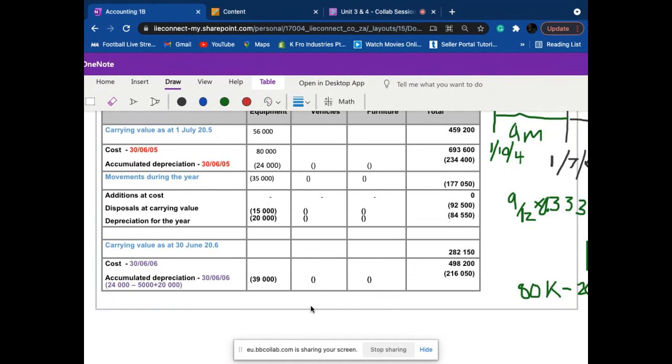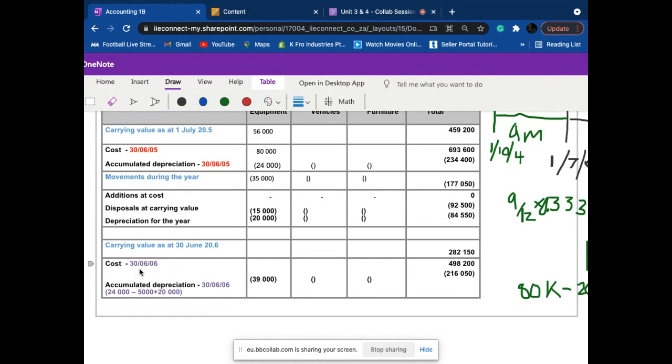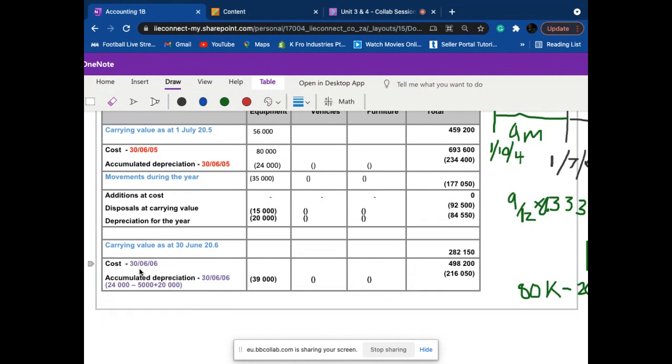Right. Then, also when it comes to the cost, we have to ask ourselves, okay, cool. It's looking a bit messy now. We know that the cost of all our equipment is this 80,000. That's the cost, right? Now I know where I was getting the 56,000 from.